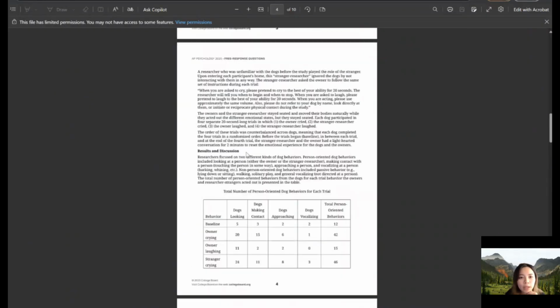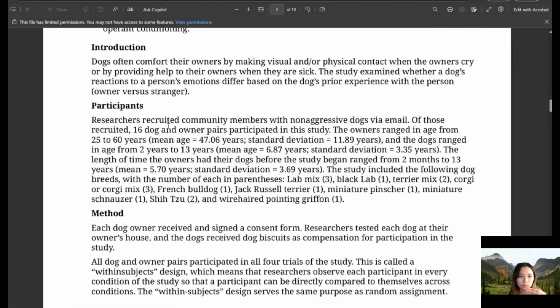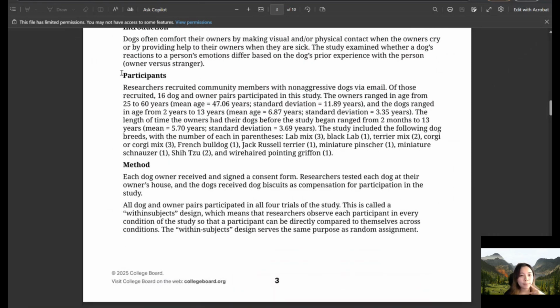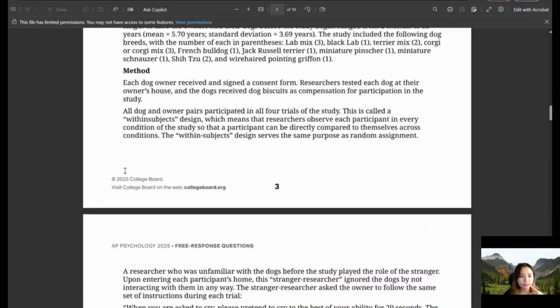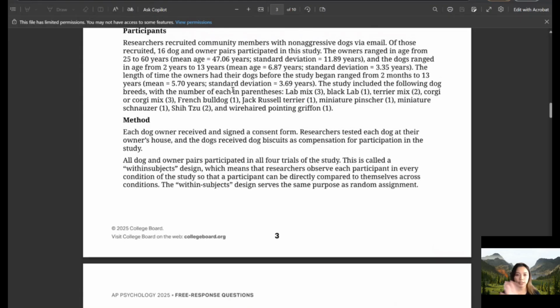Just like what we went through, first read the introduction, get a brief idea of what the study is about, then focus more on the method itself. The participants are important, but the sample size is more important than the other data itself.